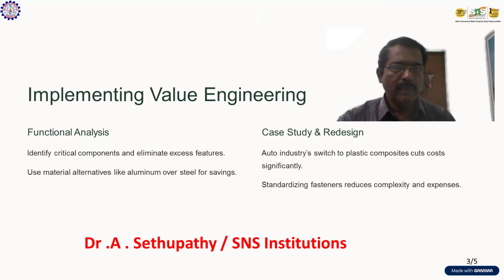So this is implementing value engineering. What analyses do we make to implement value engineering? Functional analysis means identifying the critical components and eliminating excess features, and using alternative materials, like aluminum over steel, for savings.